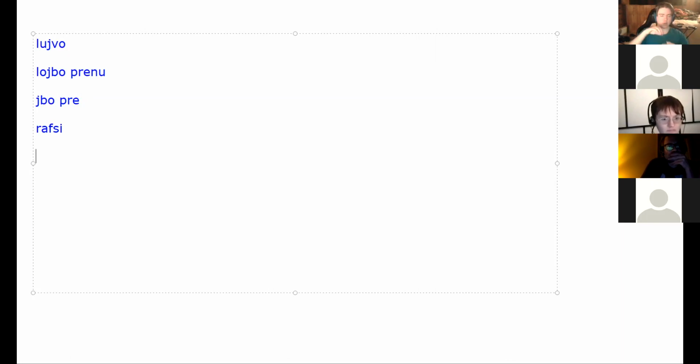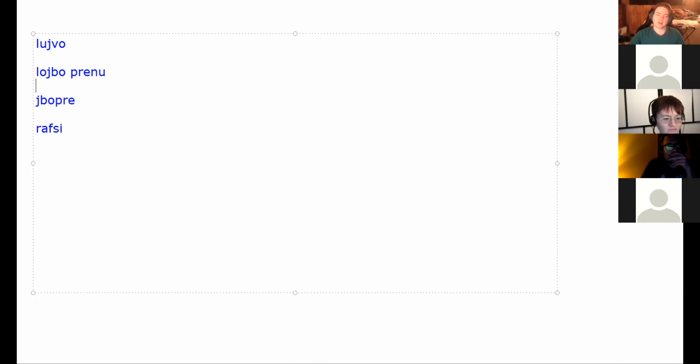You lose the ability to attach, like here I could attach be to Lojban, but you lose that ability with jbopre. But it's shortened, so it's got brevity to it.